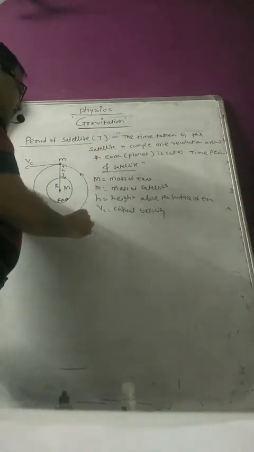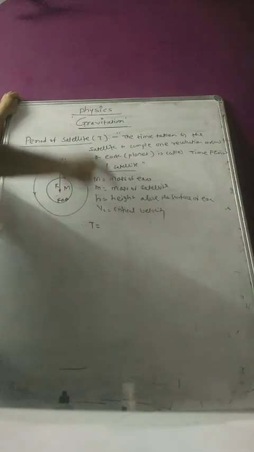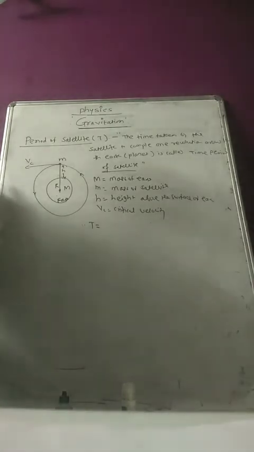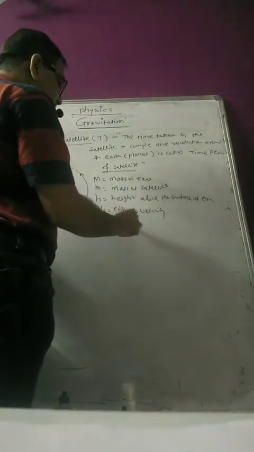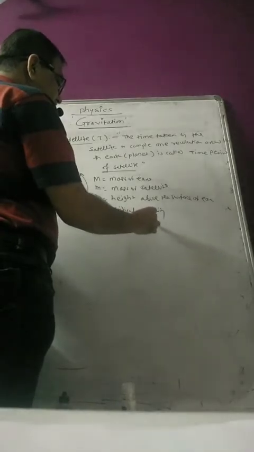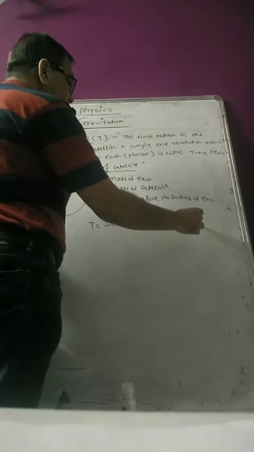Now if I want to find the time period, the time period T is equal to the distance covered by the satellite in one complete revolution divided by its velocity.